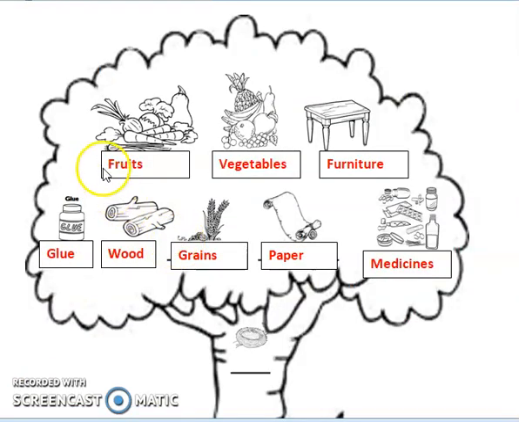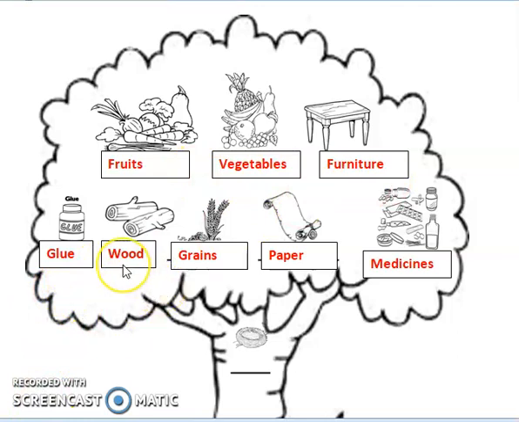Here, if you remember, we had done this activity earlier. A plant or tree gives us fruits, vegetables, furniture, glue, wood, grains, paper, and medicine. Though they give us glue, wood, furniture, etc., sometimes human beings exploit the trees for their own purpose.